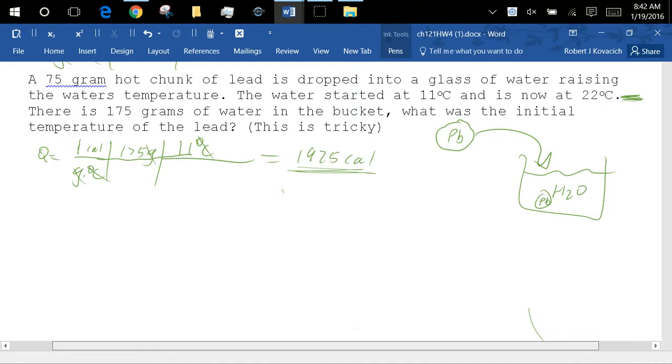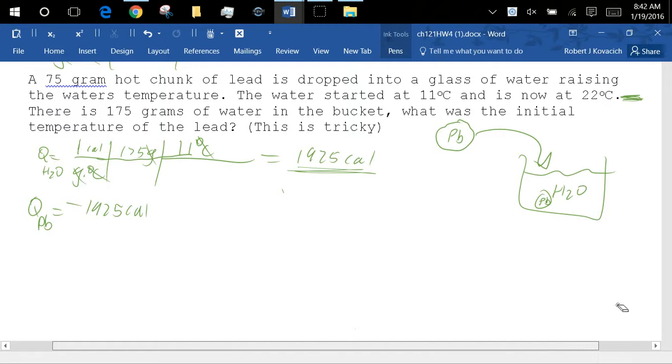No, it's negative 1925. If this 1925 is the Q of the water, in this particular instance, the Q of the lead is going to be negative 1925 calories. Is everybody okay with me saying that? It lost that much heat. It's totally fine for something to have negative heat, because it just means that it gave it to something else.